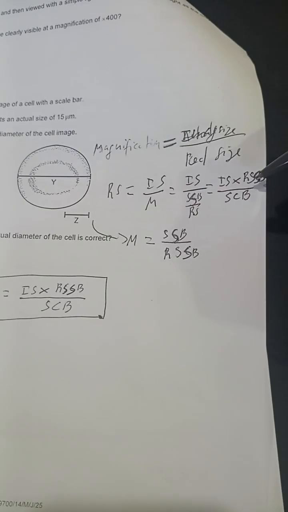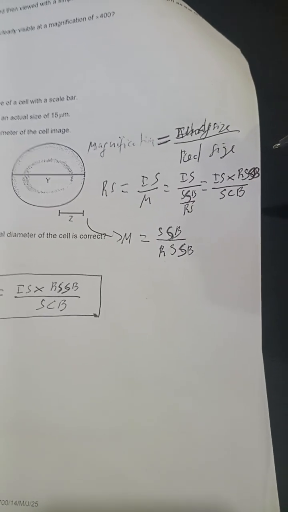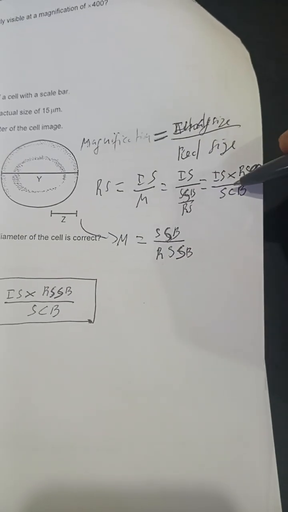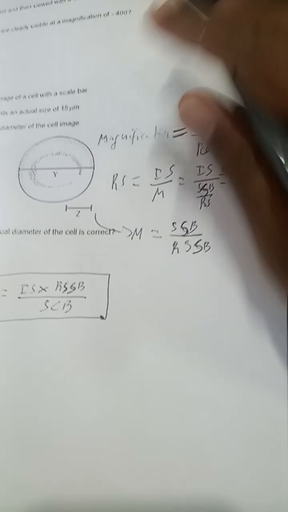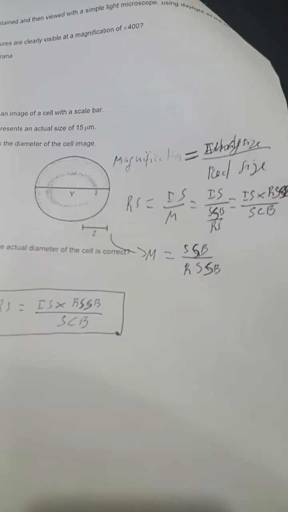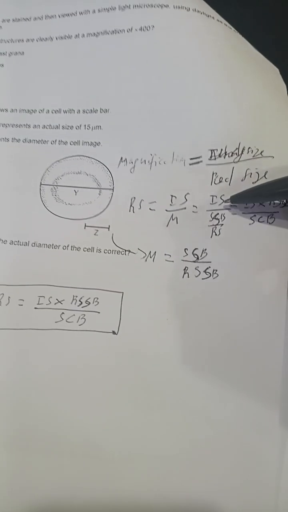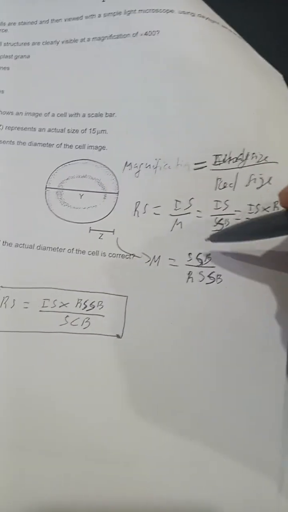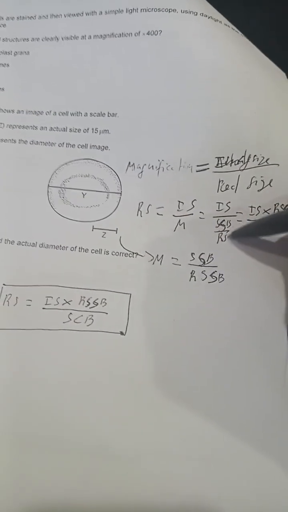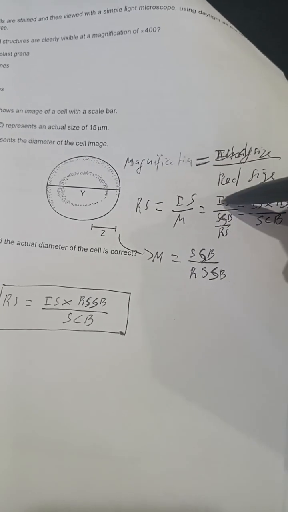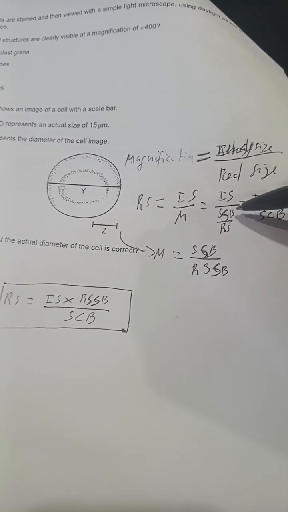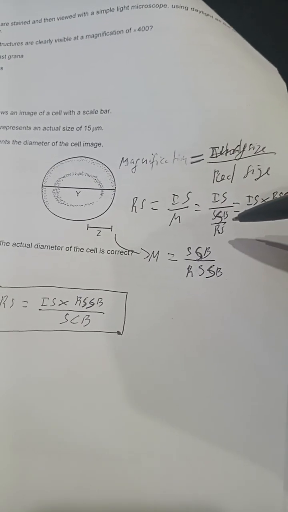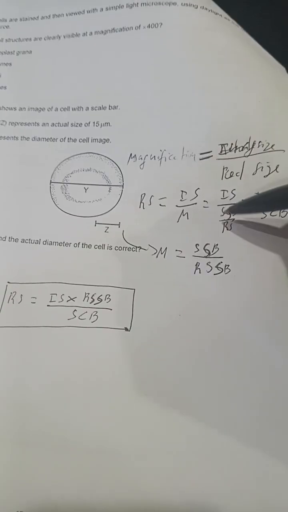Just use mathematical rules here, and you are going to have image size over real size. We're going to have real size is equal to image size times, this was the denominator. Now this is actually a division.